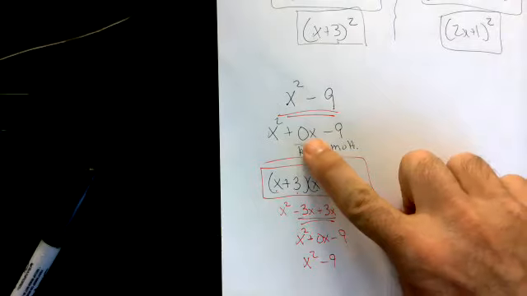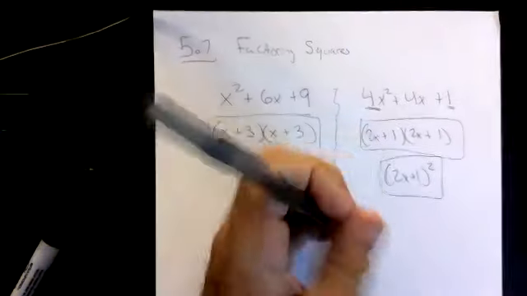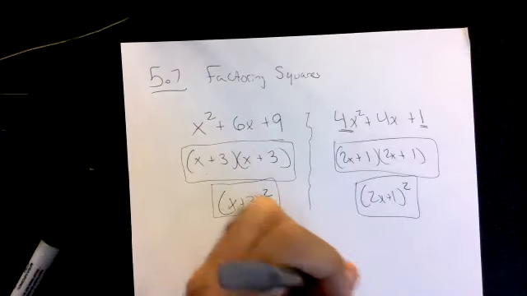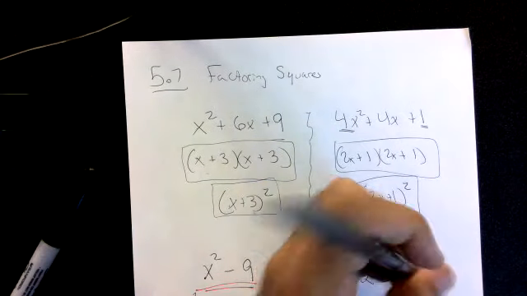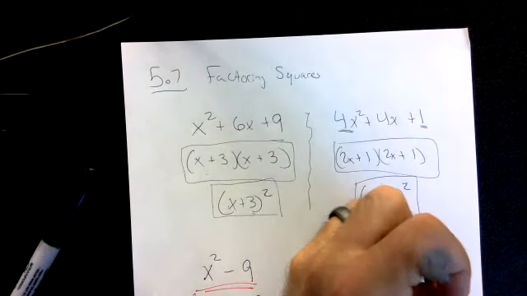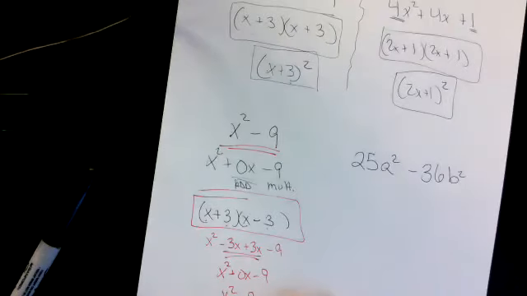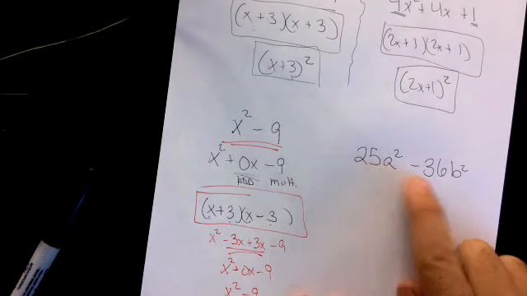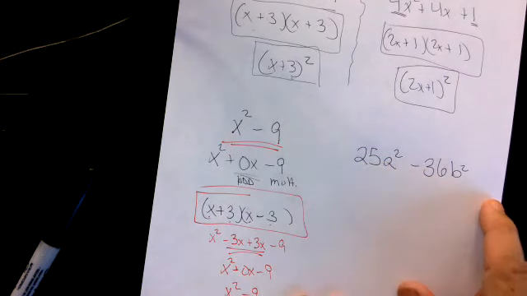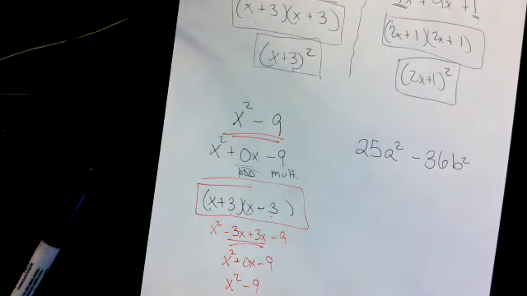So instead of putting the 0 and then working the whole thing through, you can actually kind of shortcut this, which is nice if they give you something gross like 25a squared minus 36b squared. Instead of putting a 0 here in the middle and doing the AC method where we've got to take 25 times negative 36 and figure out, doing that whole process with some really big numbers.